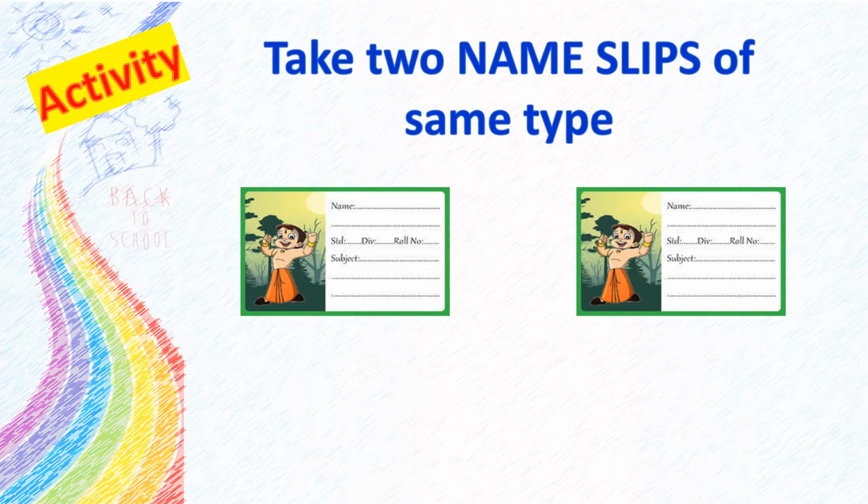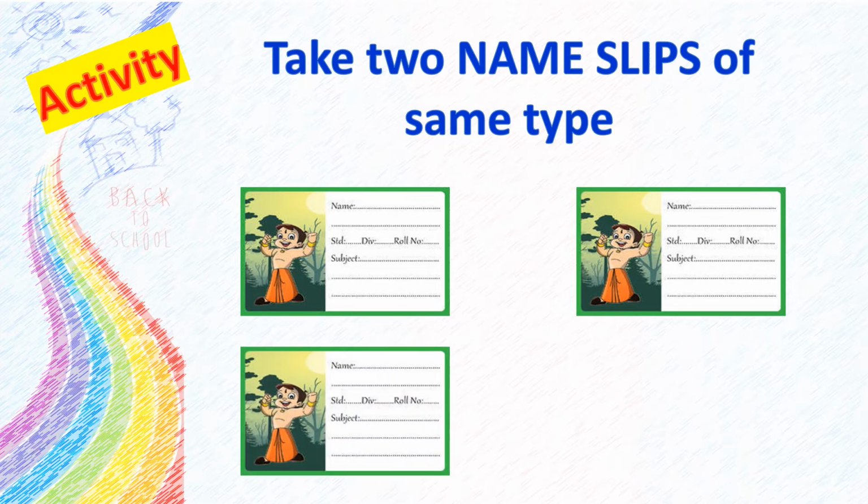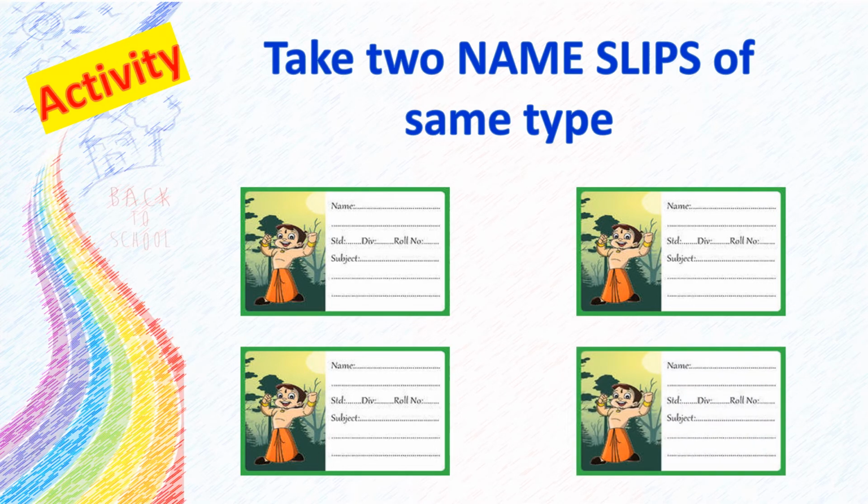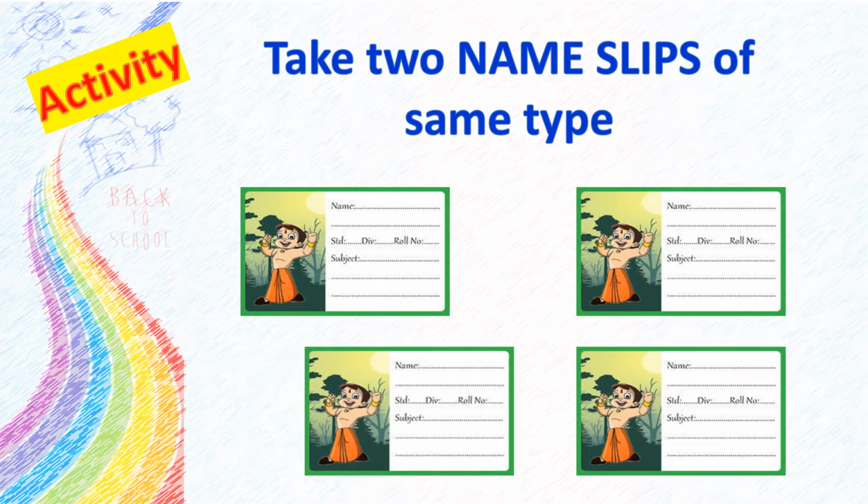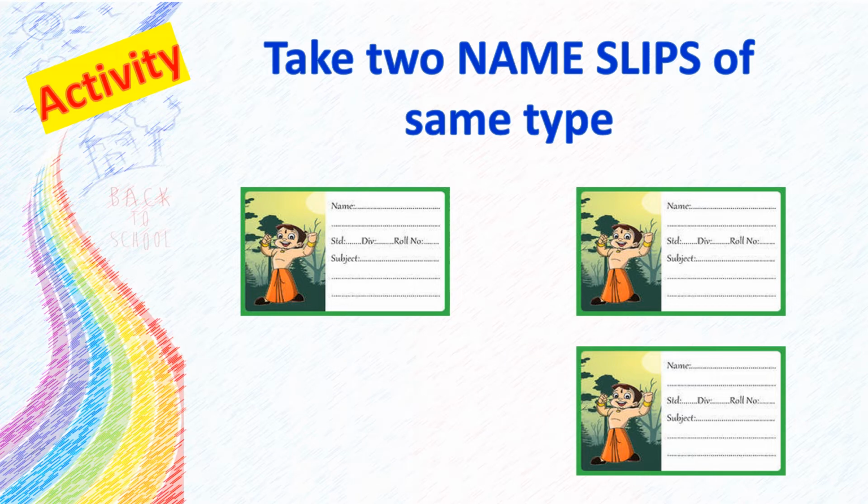Now if you take these two name slips and try to put one name slip under the other, just the way I have done over here, is the second name slip visible?